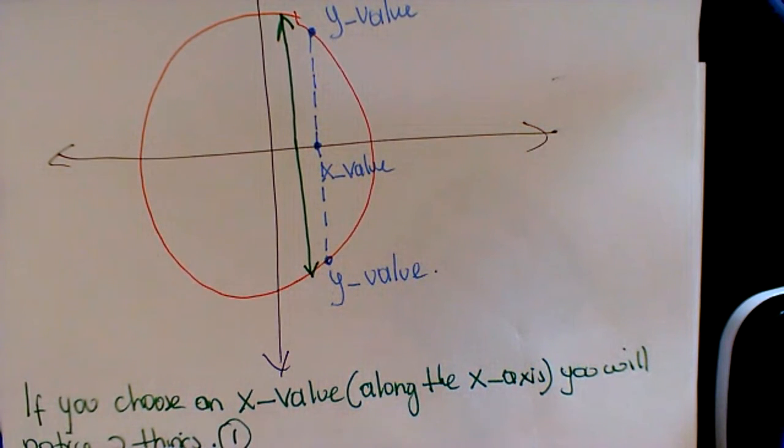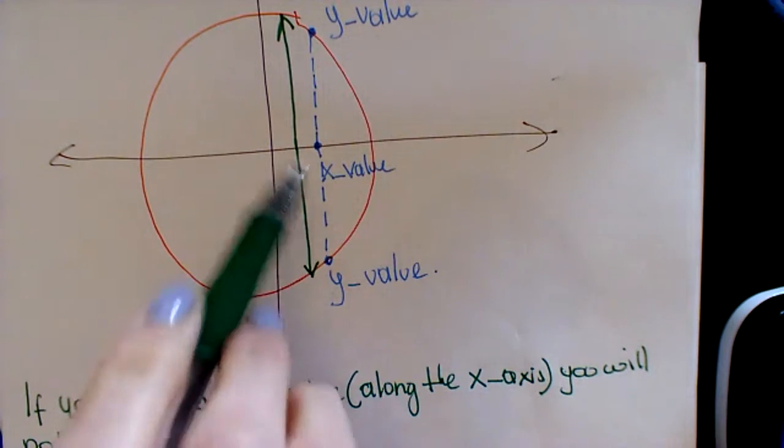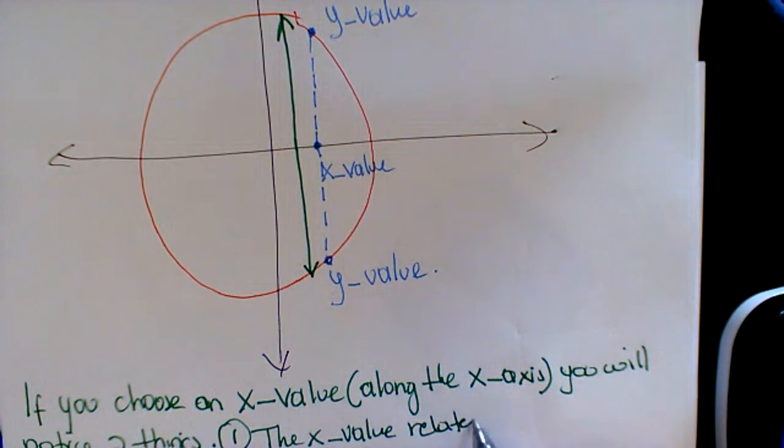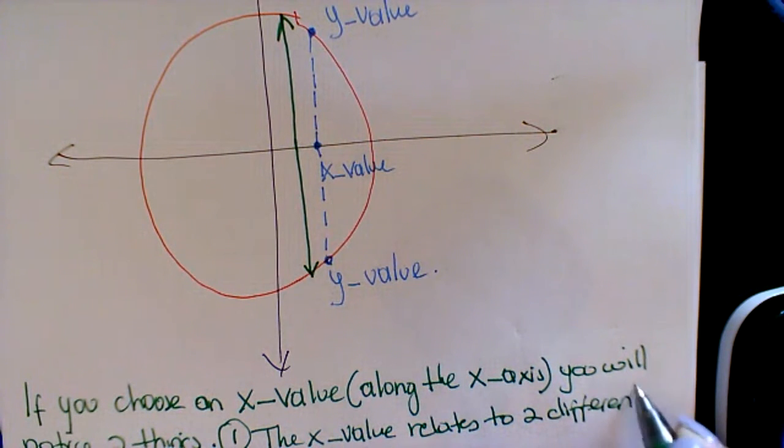Number one, the x value relates to two different y values on the circle graph.